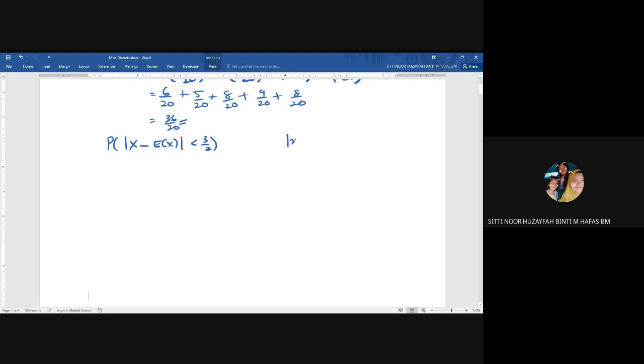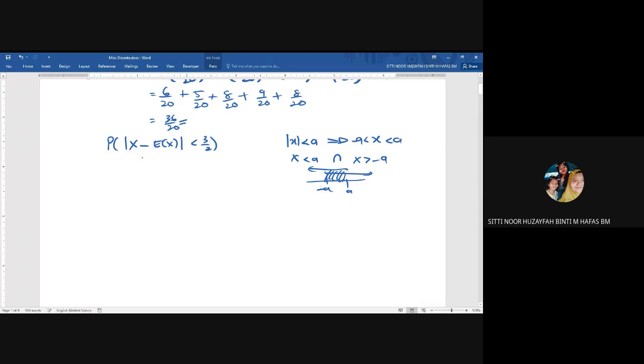Absolute of X less than A: we should define it as X less than A intersect with X more than negative A. This is more, this is less, so the intersection will be in between. So this can be written as absolute X less than A is X in between negative A and A.